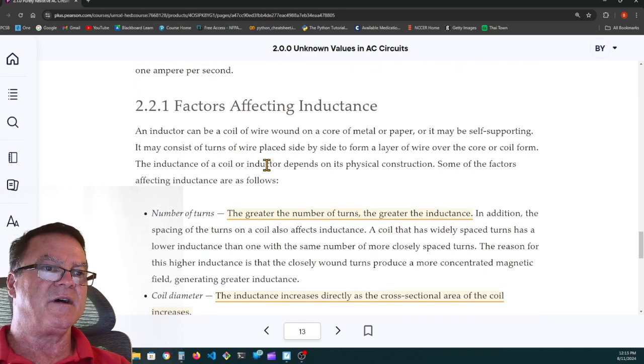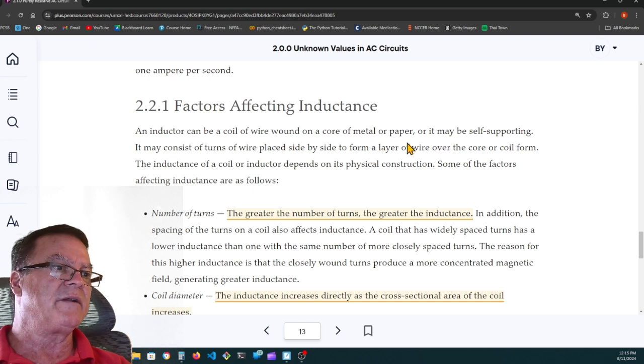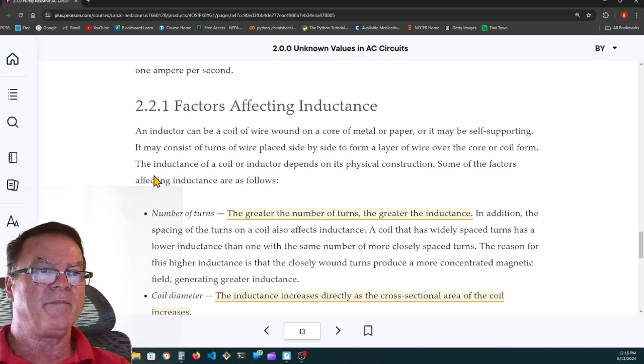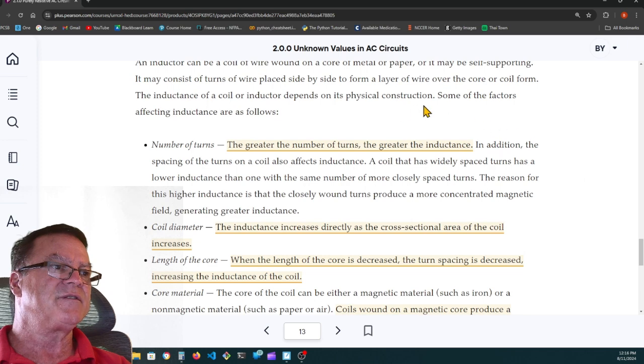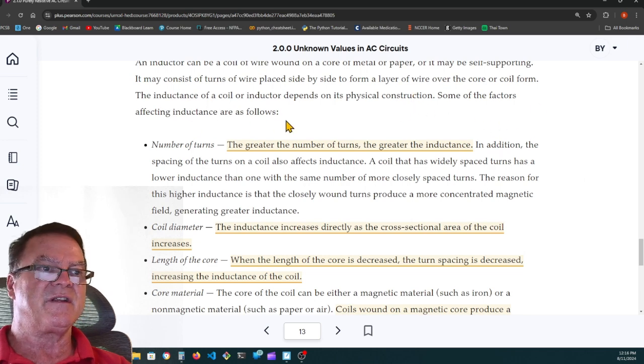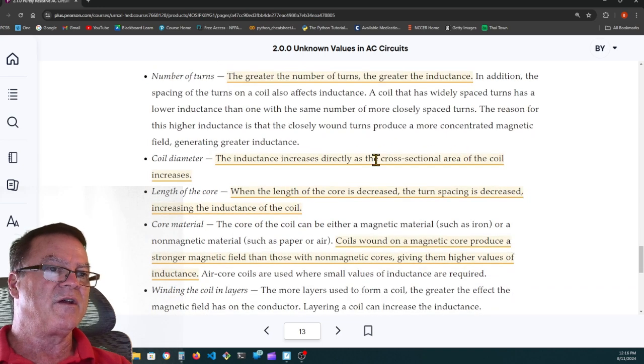Factors affecting inductance. An inductor can be a coil of wire wound on a core of metal or paper, or it may be self-supporting. They consist of turns of wire placed side by side to form a layer of wire over the core or coil form. The inductance of a coil or inductor depends on the physical construction. Some of the factors affecting inductance are the number of turns. The greater the number of turns, the greater the inductance. The coil diameter.